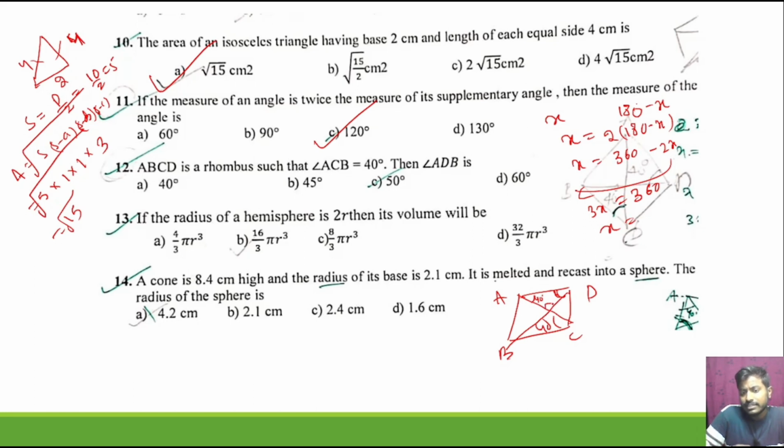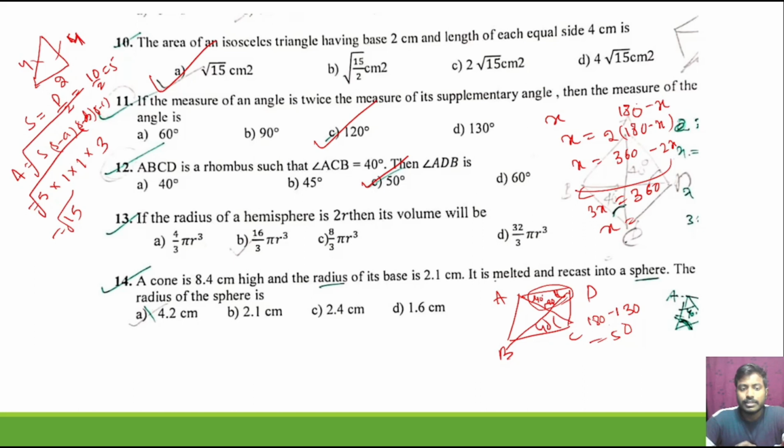Now this angle is 90 because the two diagonals of a rhombus intersect at right angles. So 90 plus 40, that is 130. So subtract from 180 because the sum of the three angles of a triangle is equal to 180. So 180 minus 130 equal to 50 degrees. So option C is the correct answer.